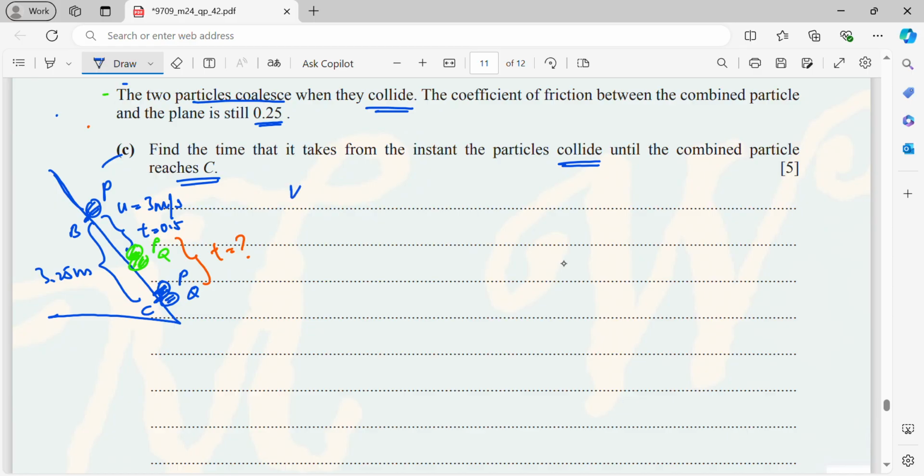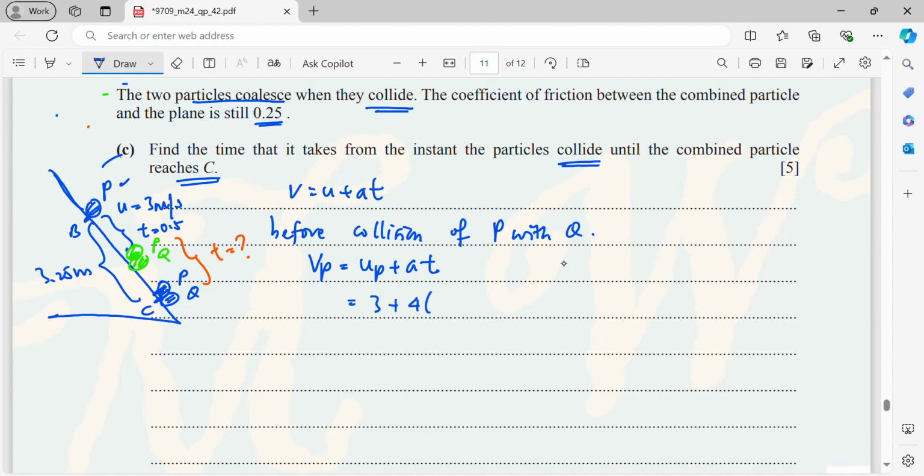So now V equals to U plus AT, before collision of P with Q. Okay, because I know that here is U equals to 3 meter per second when it reaches B. But before the P collides with the Q, what is the V there? So VP equals to UP plus AT. So the UP now it becomes 3, the A is 4, and when they collide, that is 0.5 seconds. We have found it in previous parts, that is 5. Means that before it collides, the VP is 5.